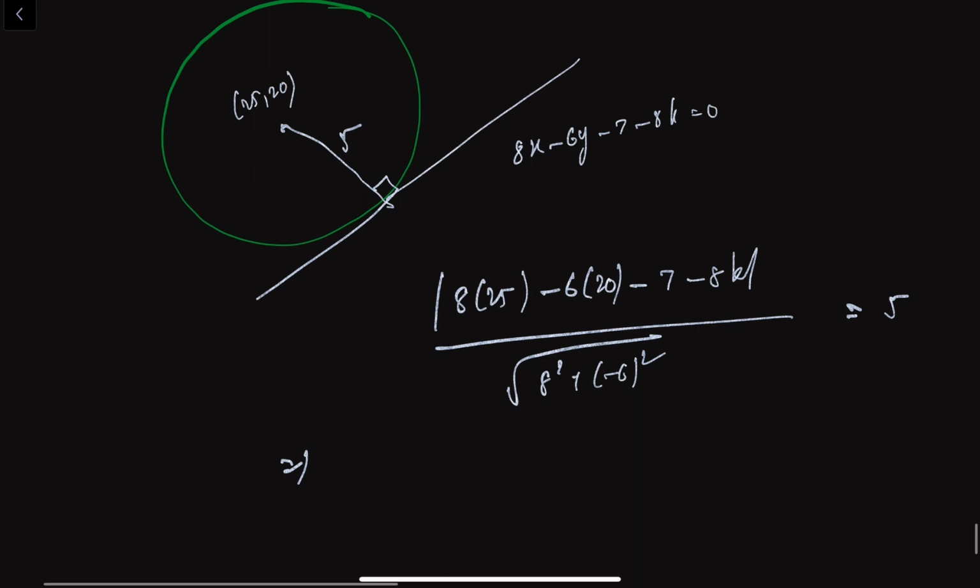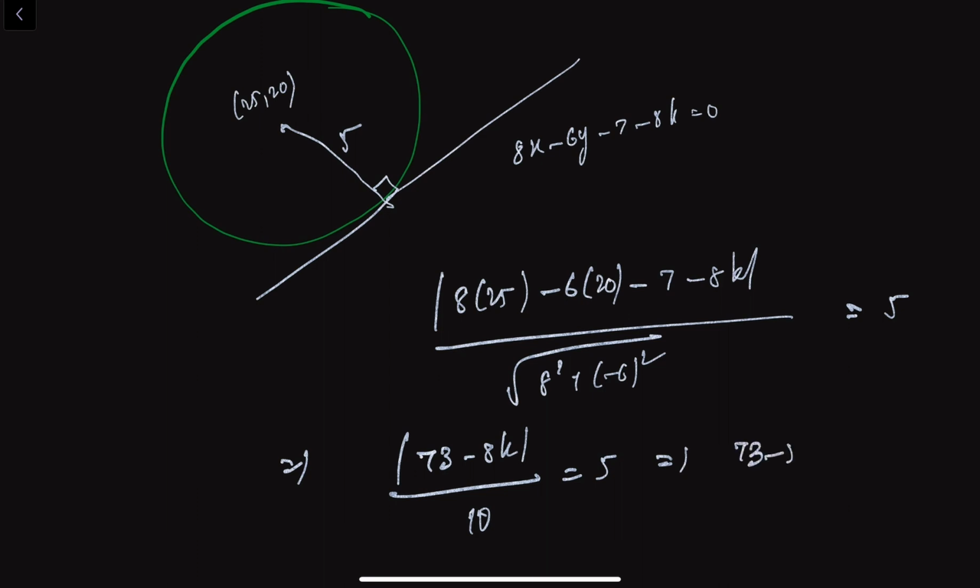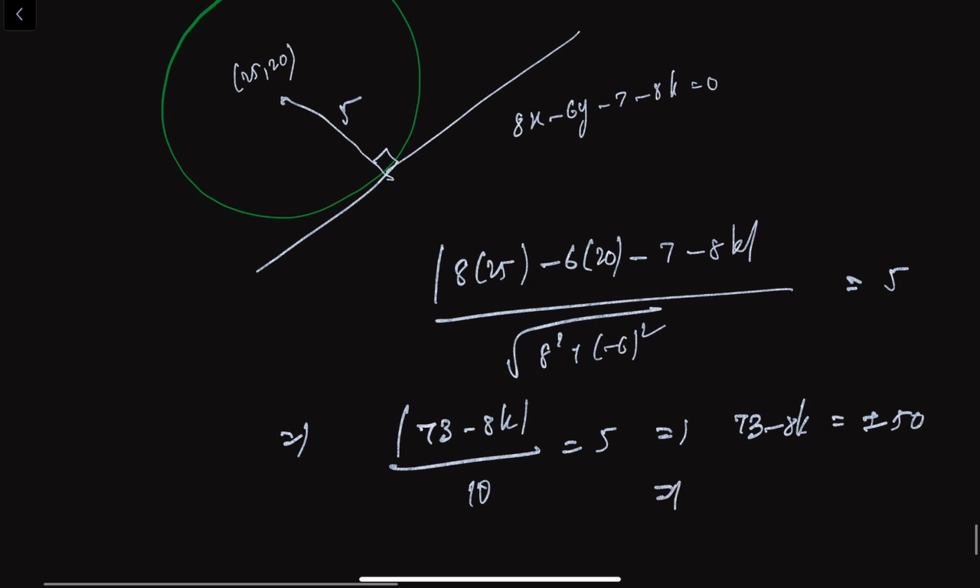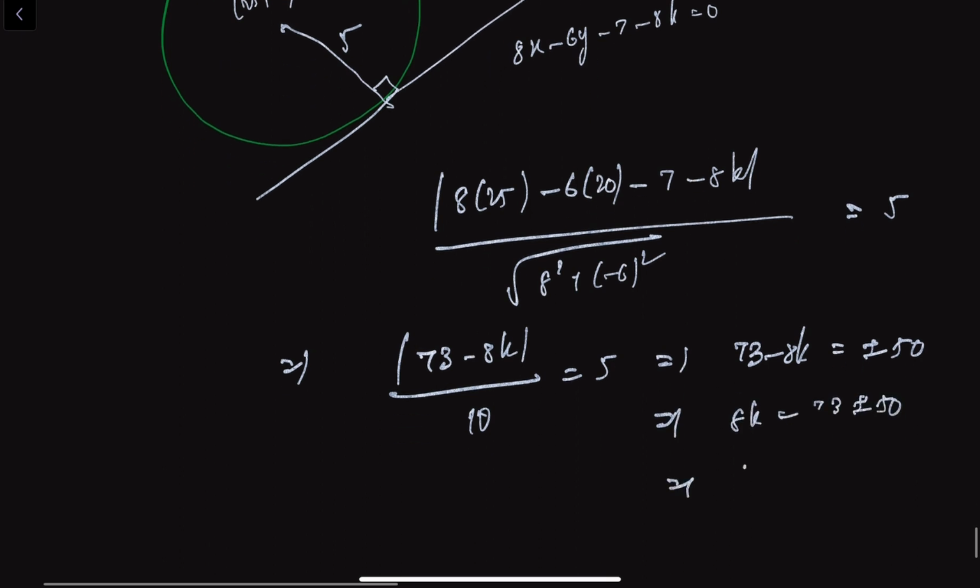That means 200 - 120 - 7, which is 80 - 7 = 73 - 8k. The square root of 64 + 36 is 10. So |73 - 8k| / 10 = 5, which means 73 - 8k is plus or minus 50. So 8k is 73 plus or minus 50, which means k is either 123/8 or 23/8.